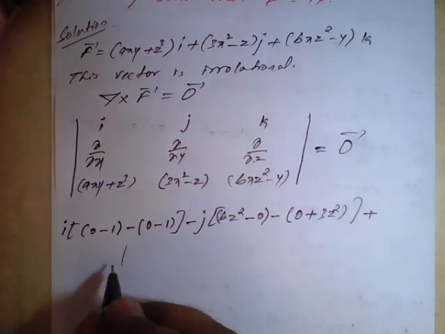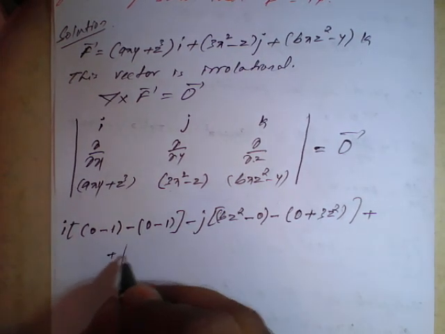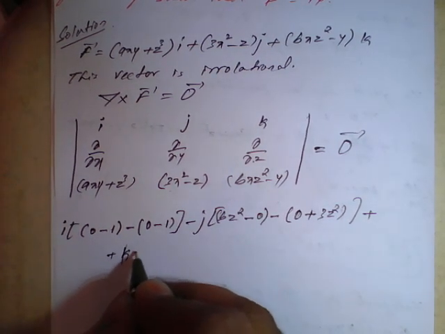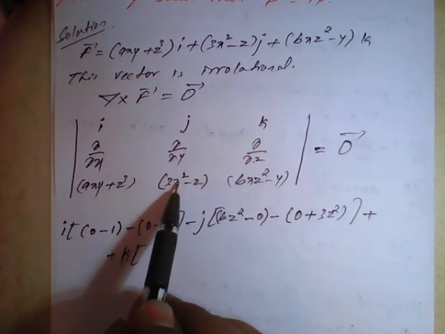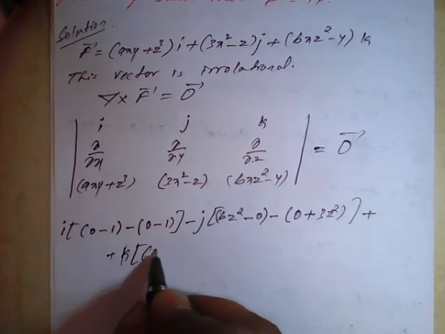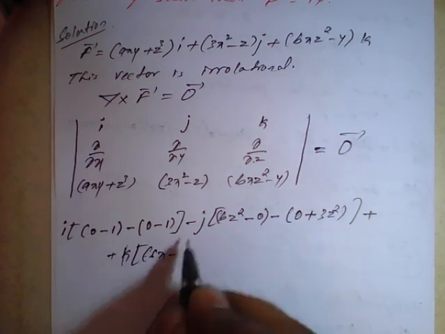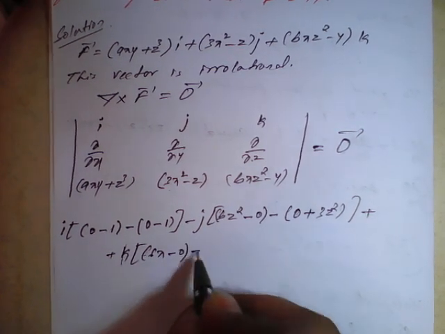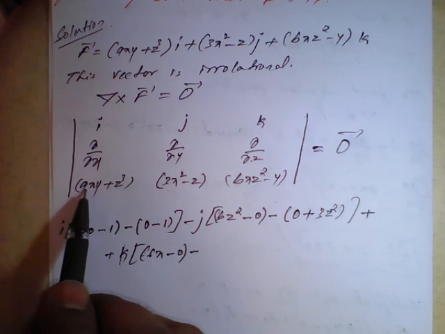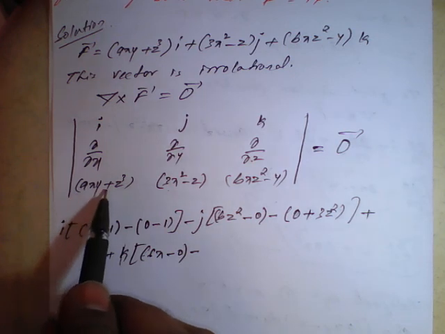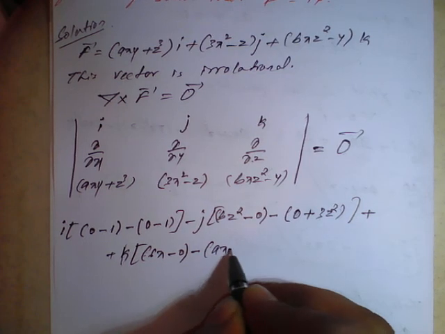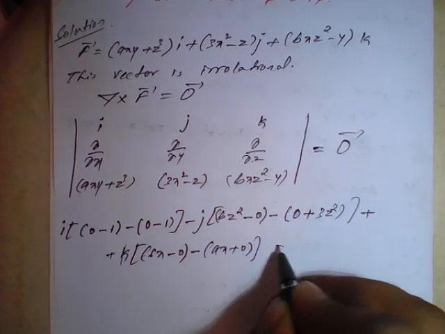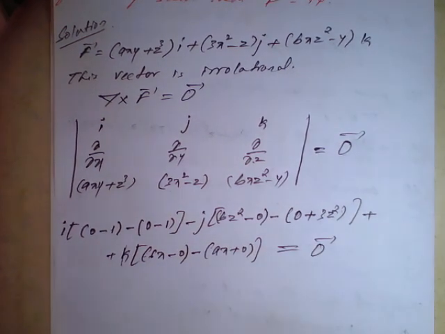Plus k times dou by dou x of 3x square minus z is 6x minus 0, formula minus dou by dou y of axy plus z cube is ax plus 0, equal to 0 vector.